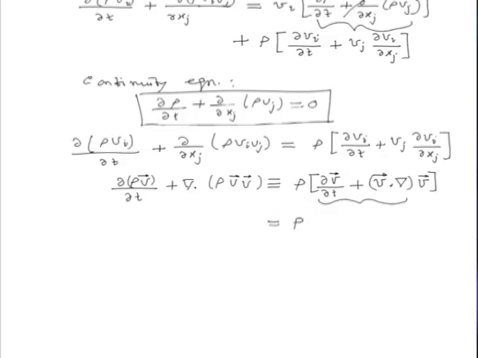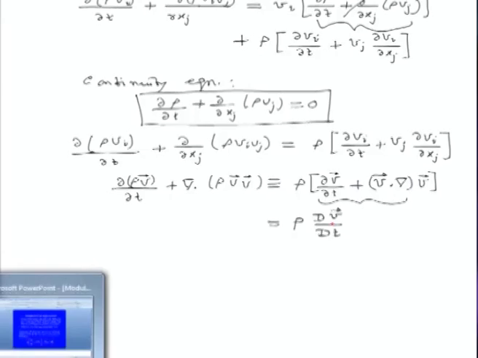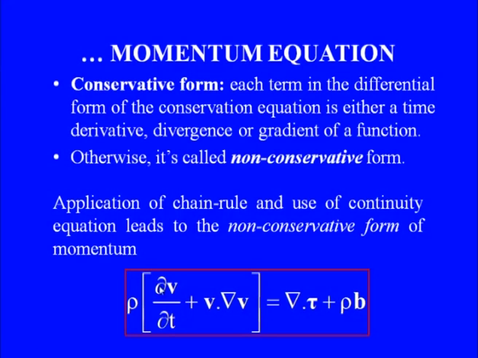So, we can also write this as rho dV by dt. We do not have to do anything with right hand side, that remains as such in the conservative form or non-conservative form. So, that is the summary. How do we obtain the non-conservative form of momentum equation? Rho times del V by del t plus V dot del V is equal to divergence of tau plus rho B.